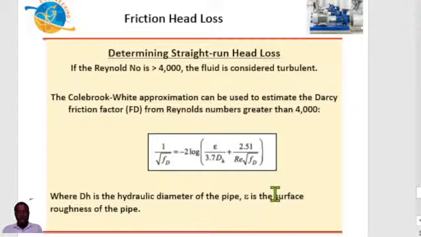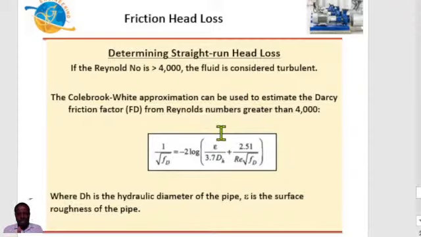Depending on the type of material for the pipe, you are going to have the E, the surface roughness. All right. Then with the Reynolds number that you have calculated, you put this together in the Colebrook-White approximation to obtain your friction factor, which is the FD.